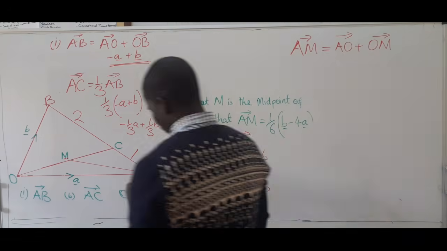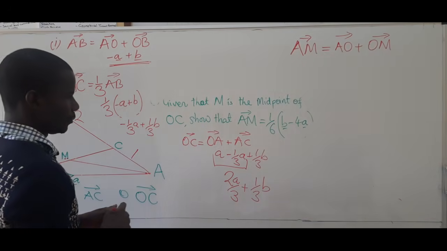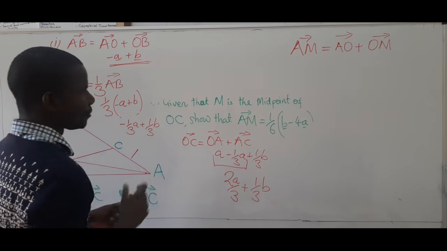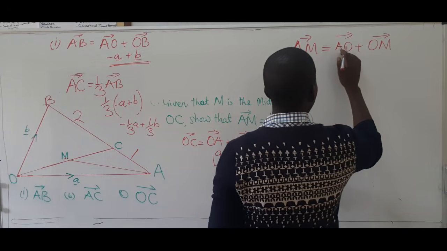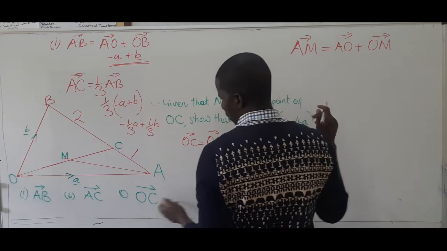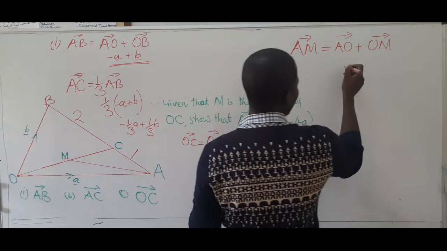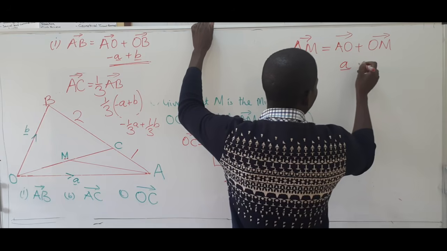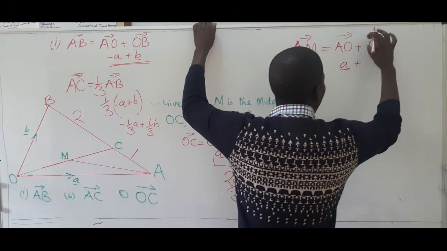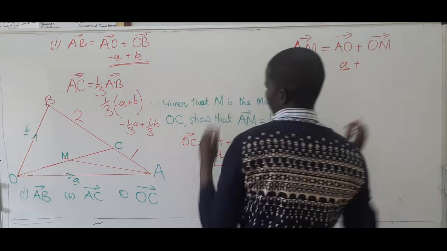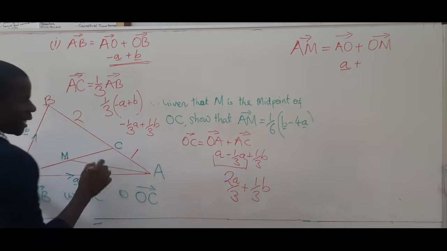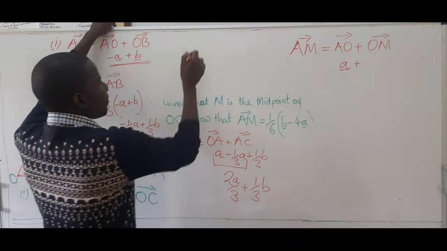That's what you are supposed to know. So now, what is our AO? Our AO is the opposite of this one, so it's minus A, plus our OM. So we can first of all maybe find OM.